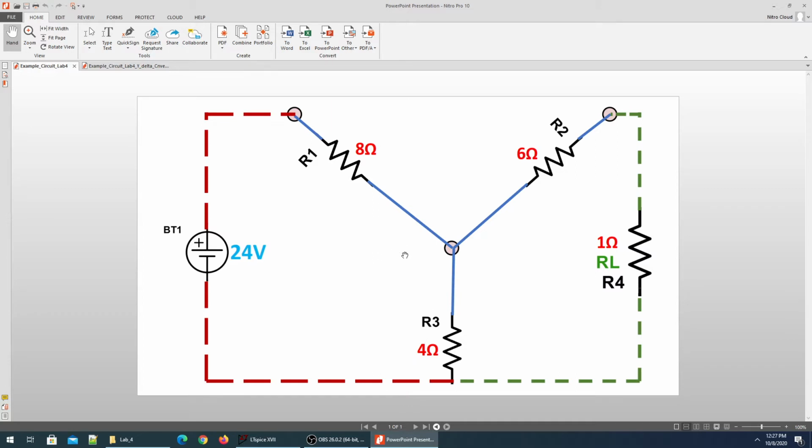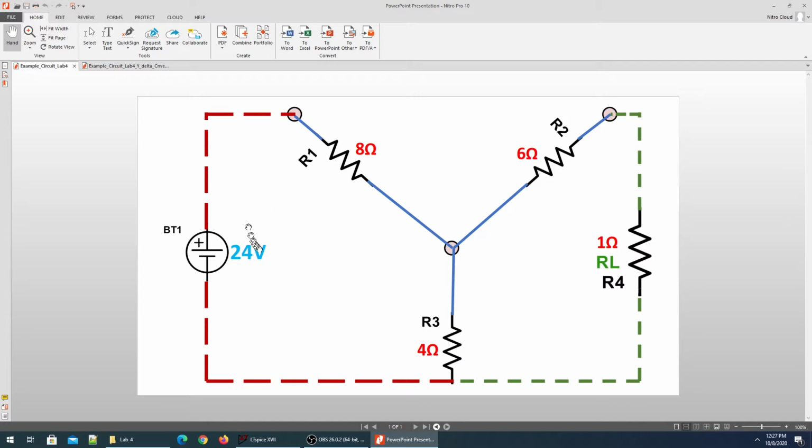This is our circuit. We'll find out the power dissipated by this load resistance RL, and we'll also find out the voltage across this resistor.